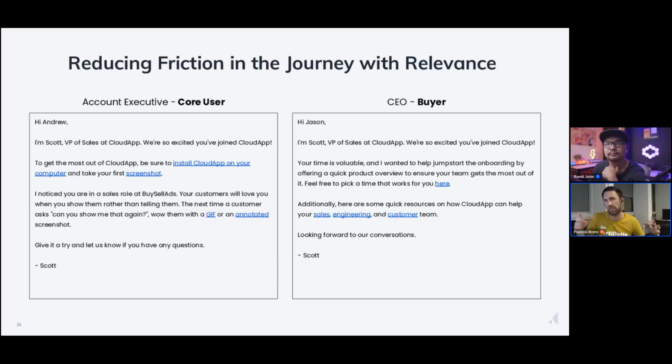There's so many choices out there, so much risk in making one decision or another. And so the role of sales here is to help de-risk and to help make it easier for them to buy.